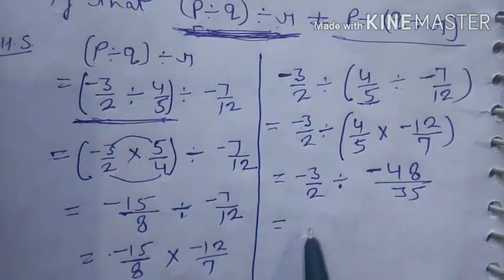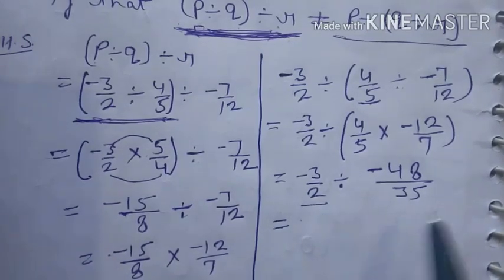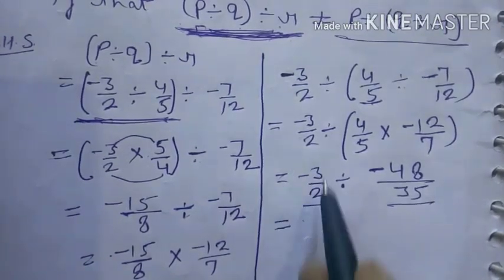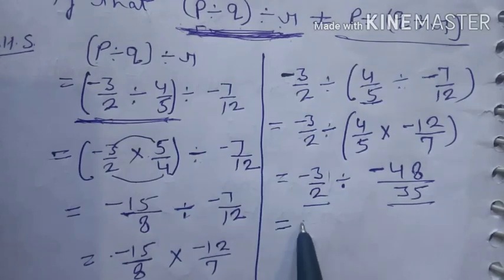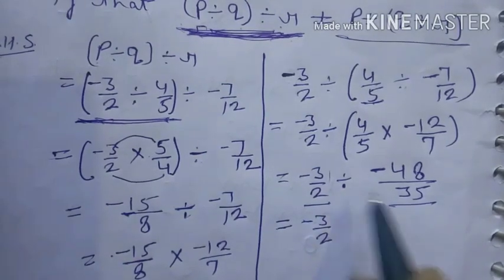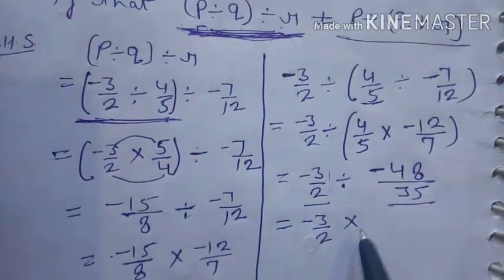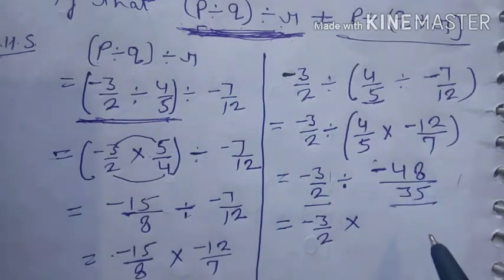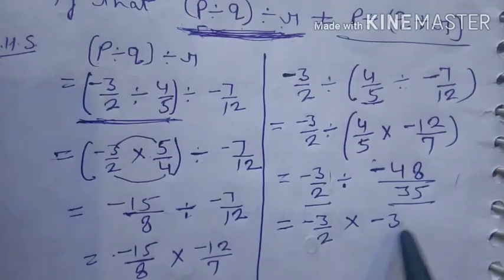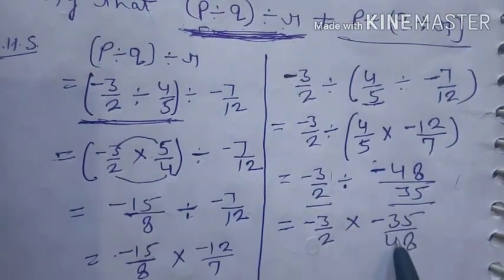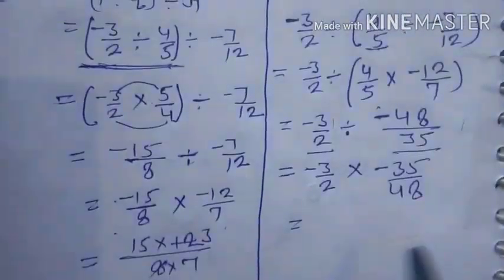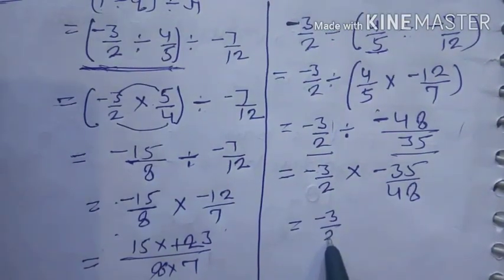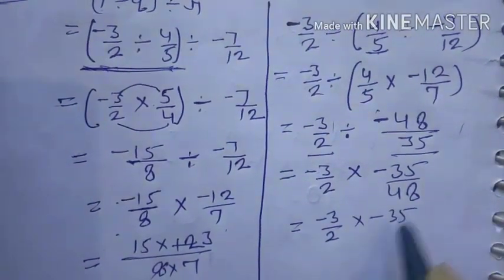Okay students, now again you can see there are two rational numbers, and we are dividing first rational number by the second one, so we can write it minus 3 upon 2, and here we will change the sign to multiplication, and here we will write the reciprocal of minus 48 upon 35, that is minus 35 upon 48. Okay, now what we will do, minus 3 upon 2 into minus 35 upon 48.